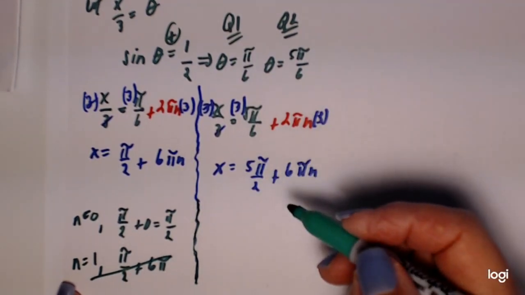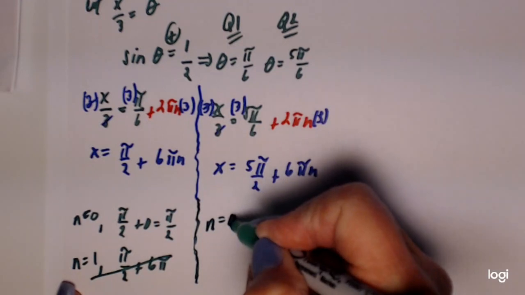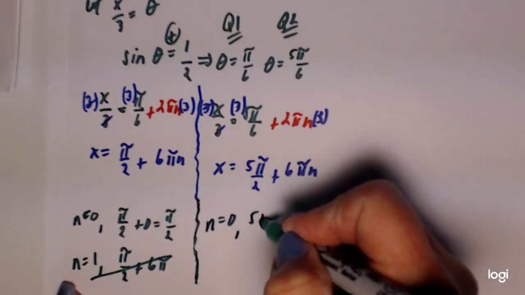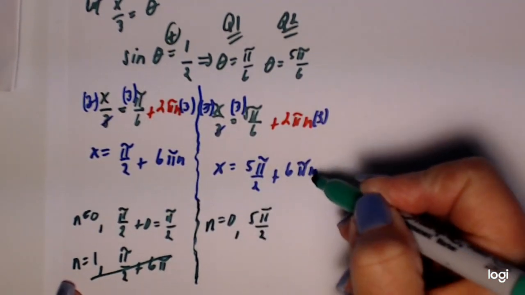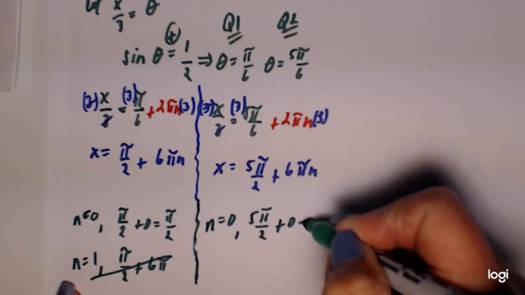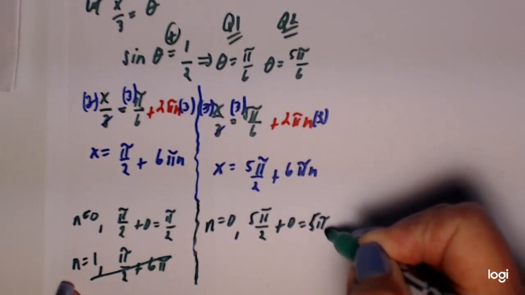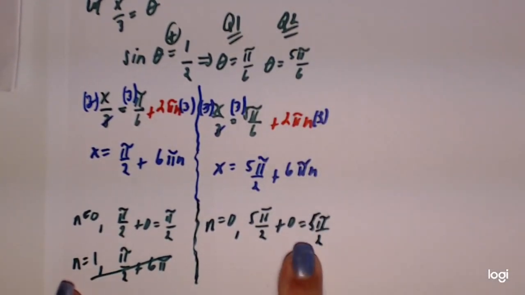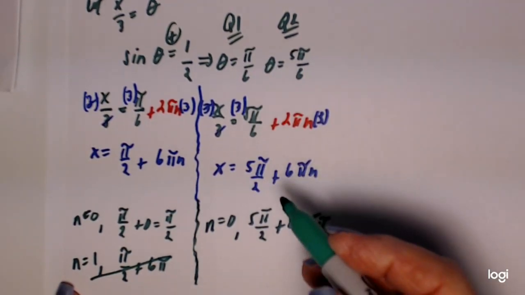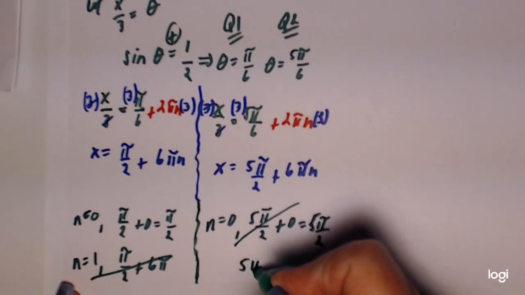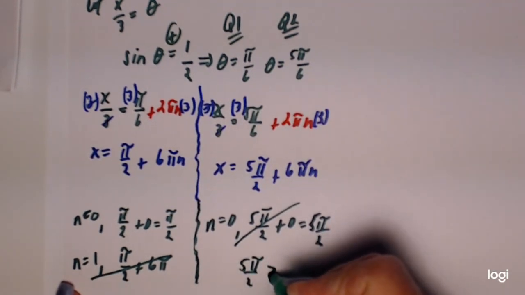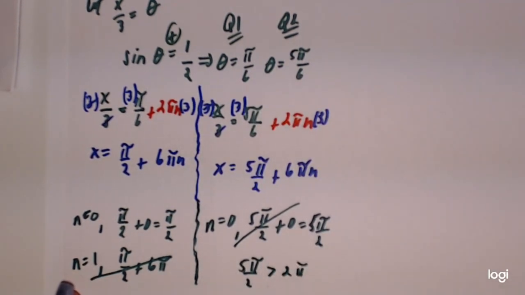So here, again, on this side, let's look at n is 0. So we have 5 pi over 2, 0. This is just 0, and this is 5 pi over 2. And 5 pi over 2, that's greater than our 2 pi, so we're going to ignore this one because, I'll put it here, 5 pi over 2 is greater than 2 pi.